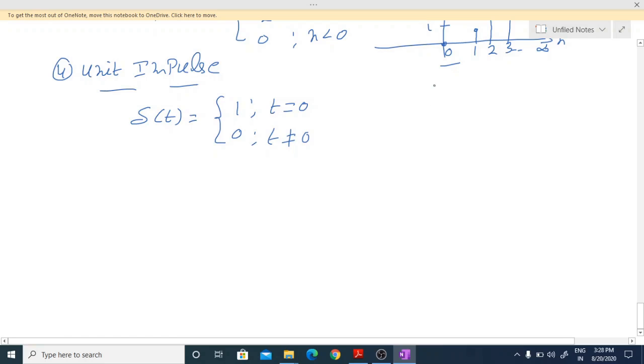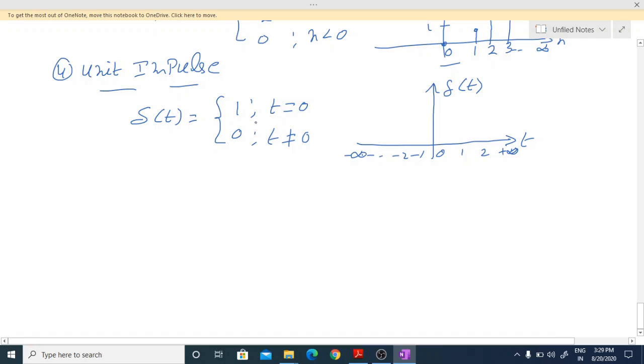We can represent this graphically with the y-axis as del of t and the x-axis as t, with 0, 1, 2 and so on up to plus infinity, and minus 1, minus 2 and so on down to minus infinity.